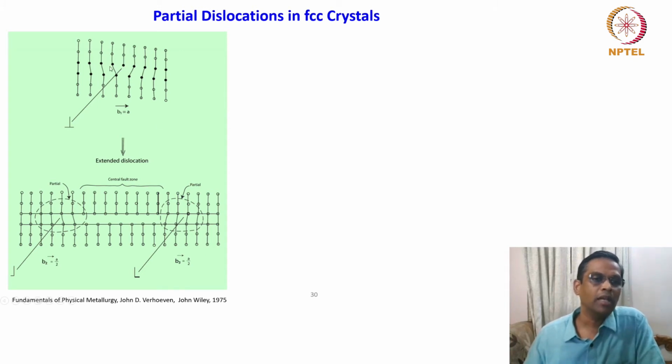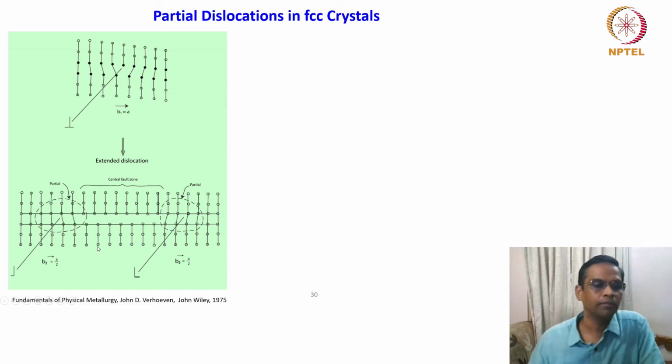So here there is an extra half plane, and then you know that this is a unit dislocation. But how does the unit dislocation, which is a, split into two, and how will the distorted lattice look? That is very important to note.